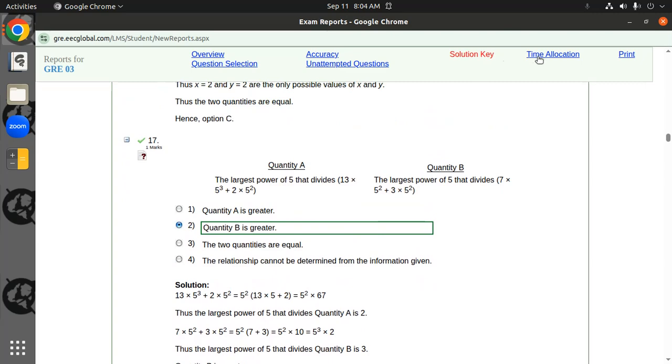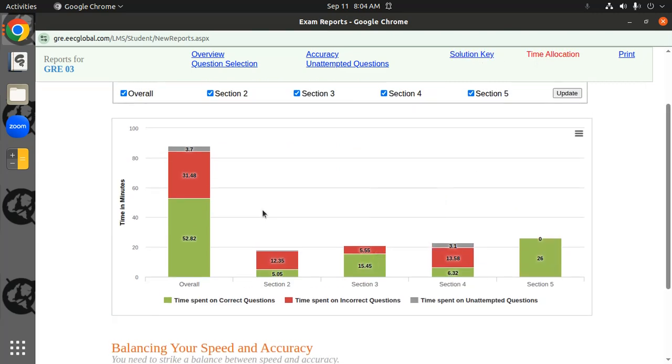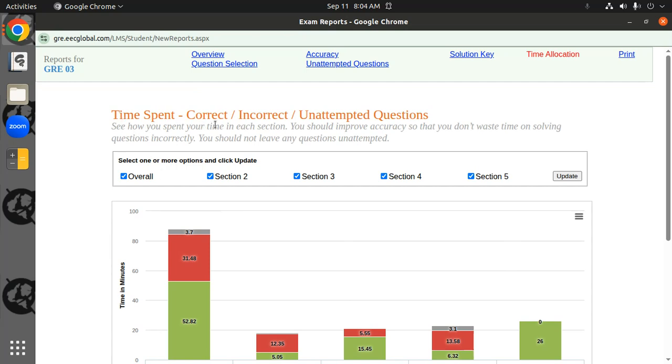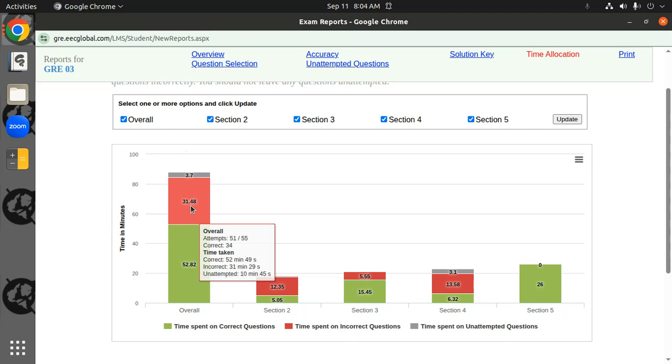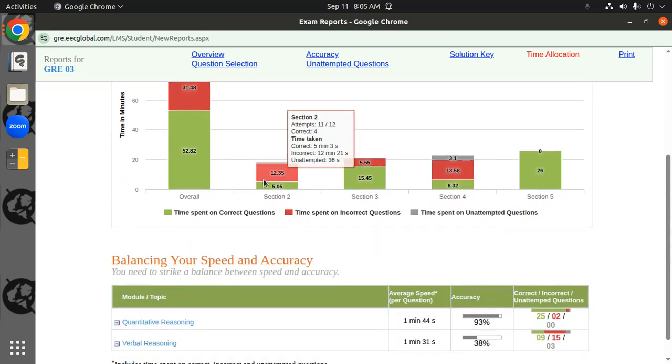Let's talk about the time allocation. So this is the time spent, correct, incorrect, and unattempted questions overall, section 2, section 3, 4 and 5. So overall, this amount of time you spend on correct questions, the amount of time that you spend on incorrect questions, the questions that you have not attempted, still the student has spent 3.5 minutes roughly, section wise, section 2, 3, 4, and 5.